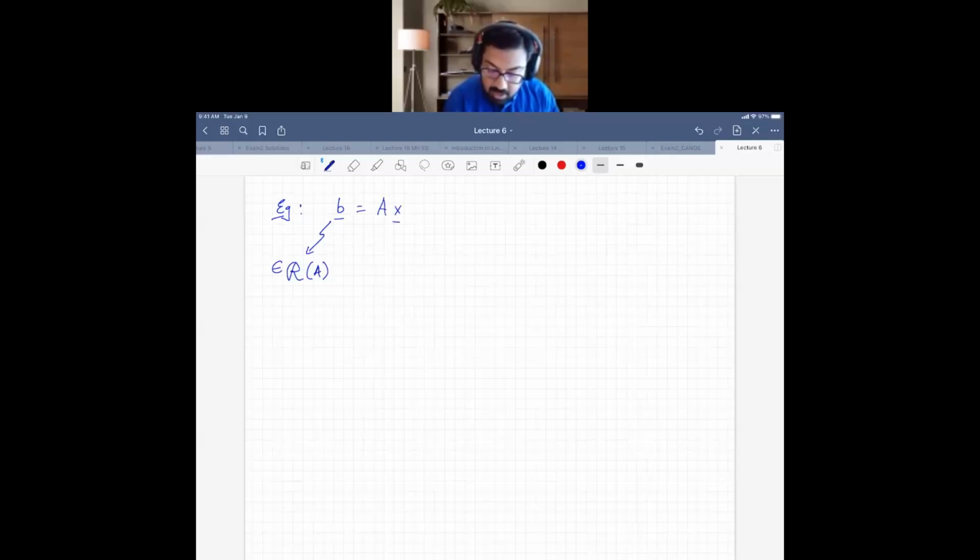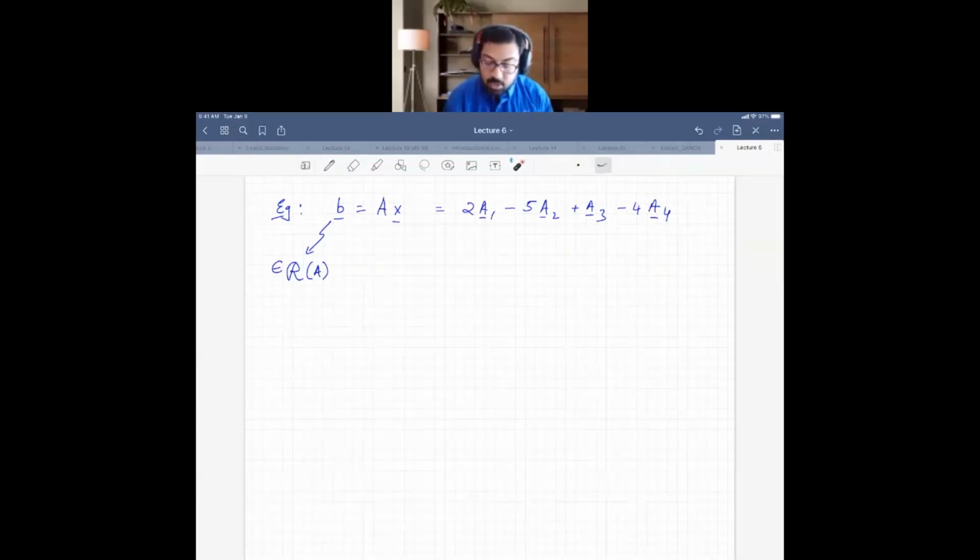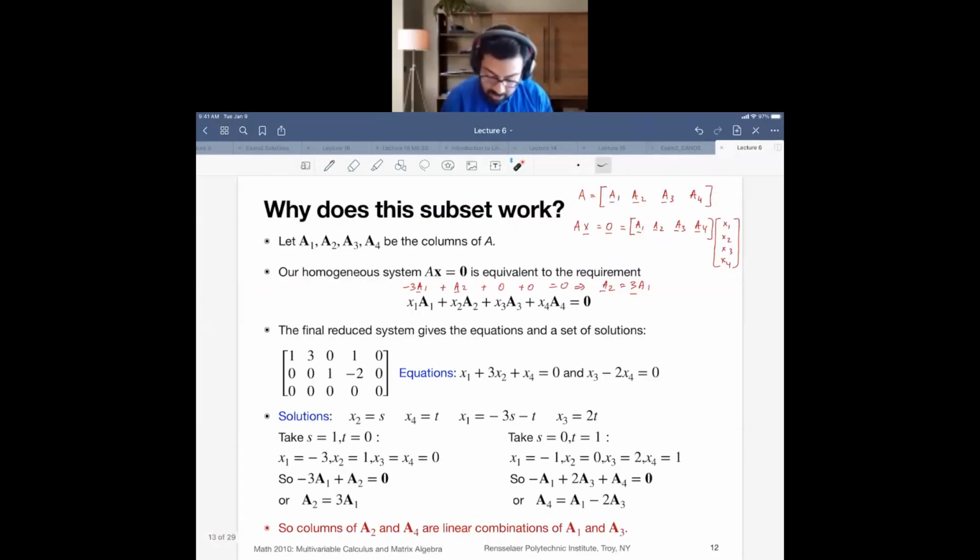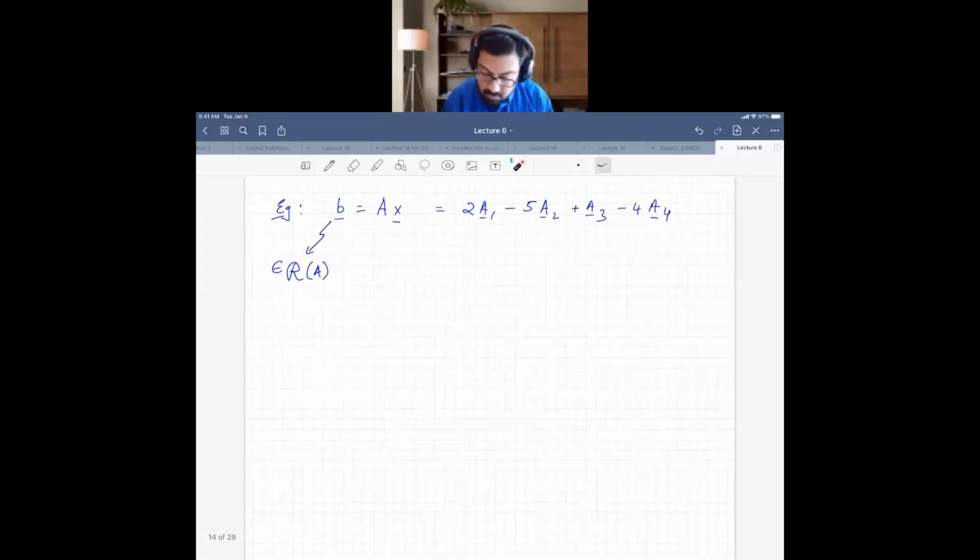So I will say this is, say, 2a1 minus 5a2, I'm just arbitrarily picking the values here, plus a3 minus 4a4, right? So suppose I had my b as this. Can I get to it with just a1 and a3? Well, let's try to look at this. a2 was what? a2 was 3 times a1. Okay.